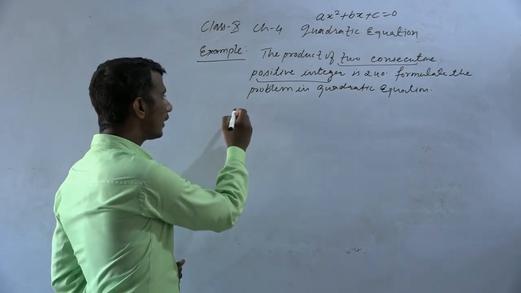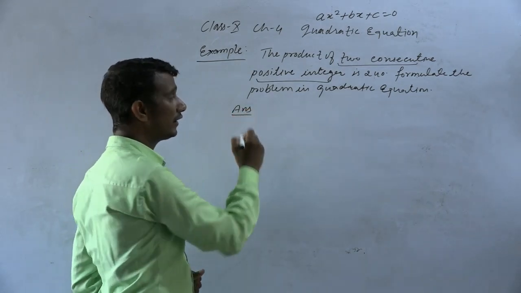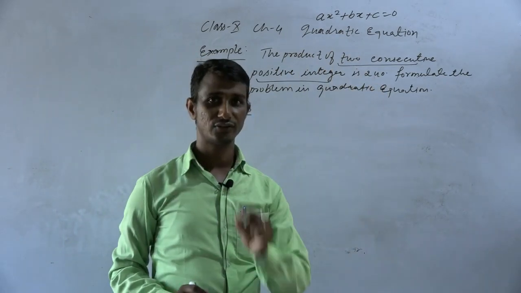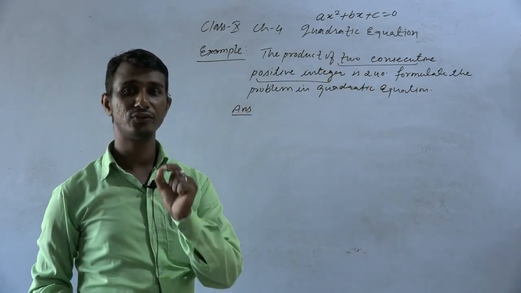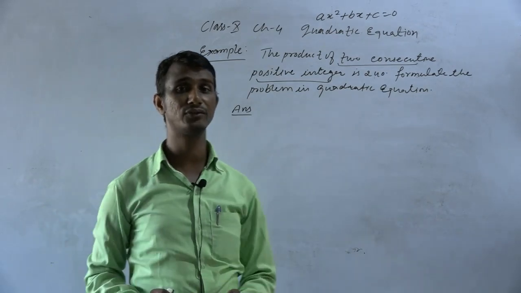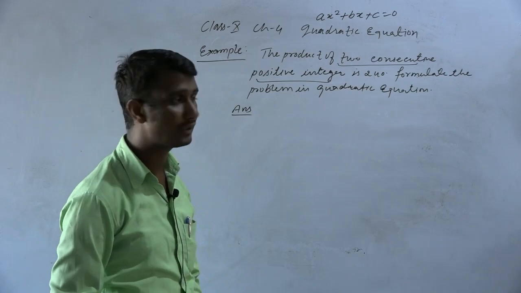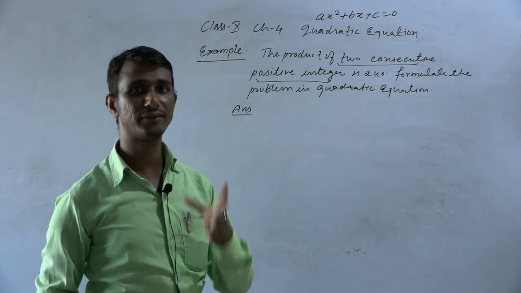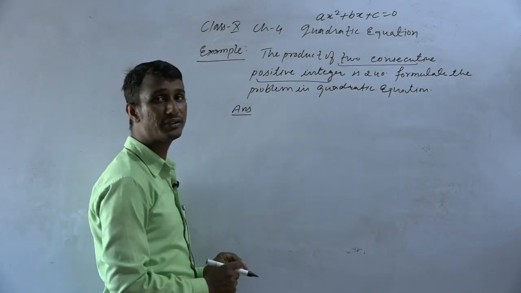So how to convert the given statement into the quadratic equation? First it is important that you select an unknown term, an arbitrary constant, that is, a variable to find the unknown terms. Any small English alphabet you can use here.